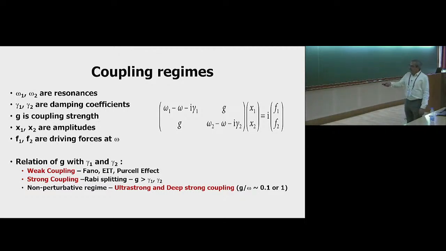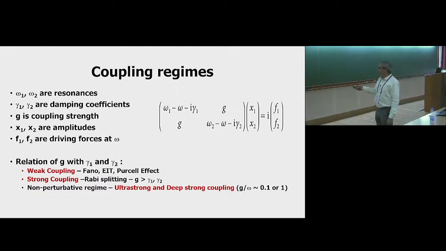However, over the last 10 years or so, this so-called Jaynes-Cummings Hamiltonian is in the perturbative regime, where we are making this approximation of a rotating wave and removing the fast oscillating terms. But here we are going into the non-perturbative regimes, which are the ultra-strong and deep strong coupling regimes.